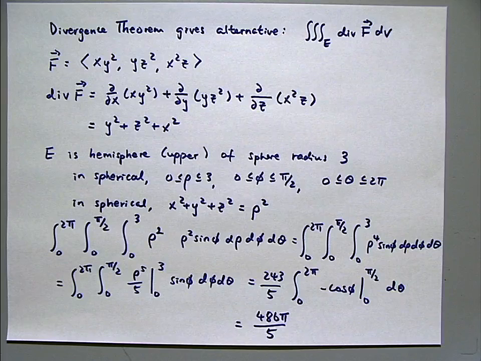Let's do another one. The vector field is x to the fourth i minus x cubed z squared j plus 4xy squared z k.